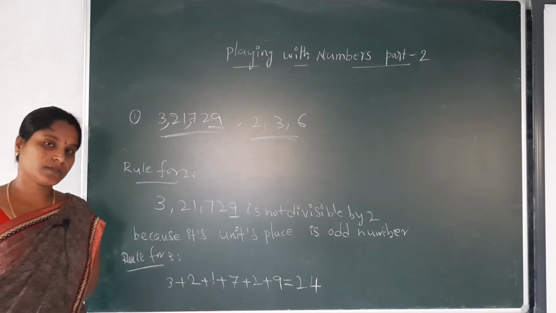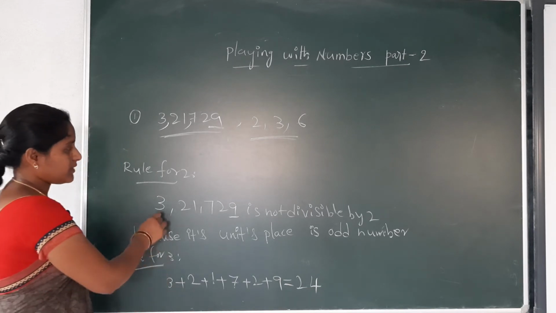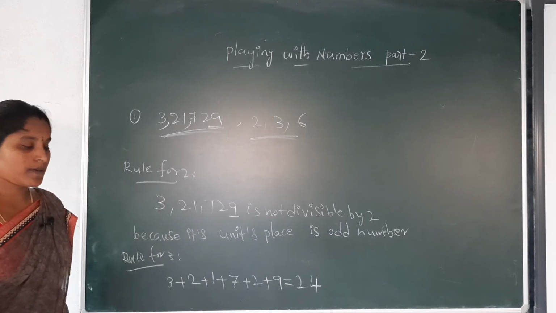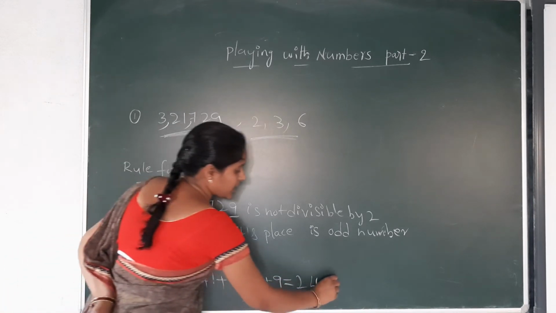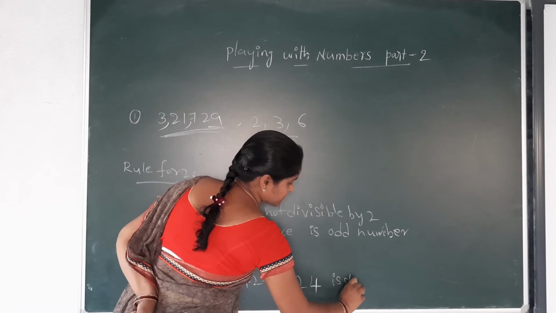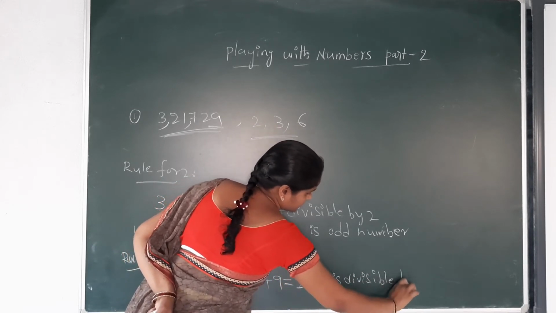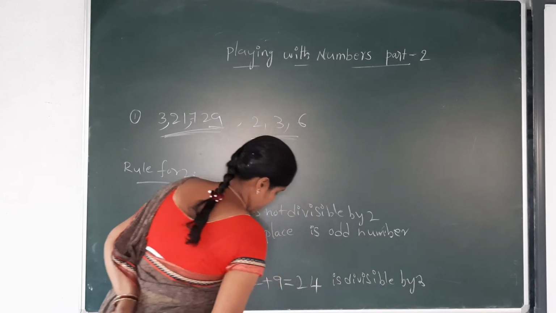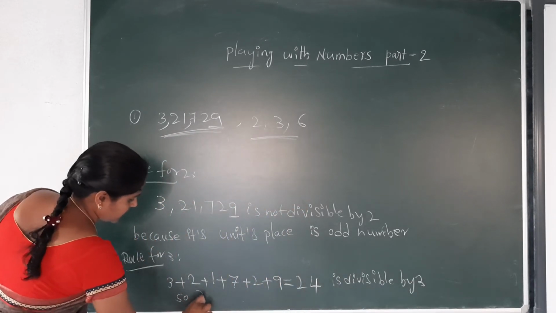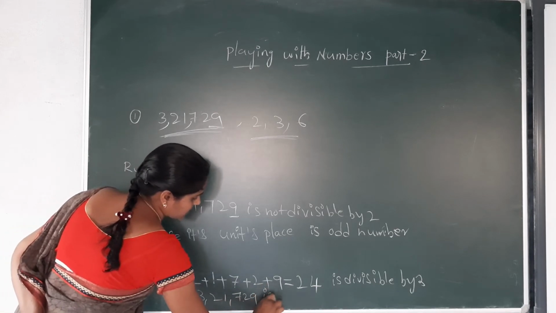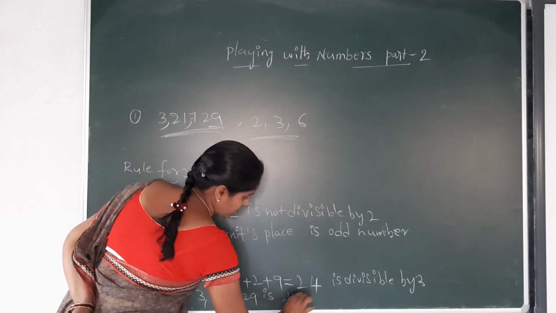Yes, 24 is divisible by 3. So the number 3,21,729 is also divisible by 3.